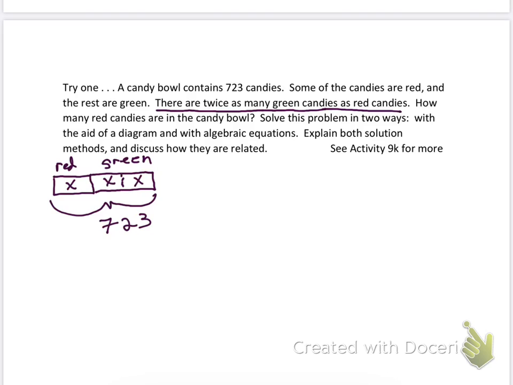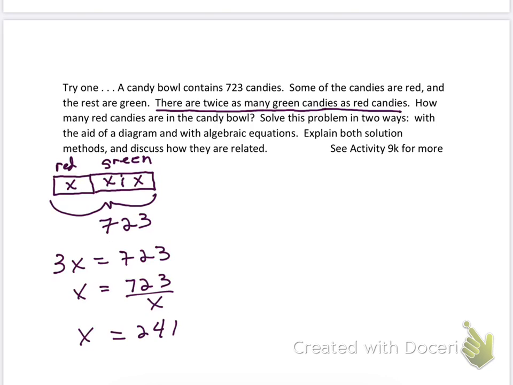So since I have 3 X's, I'm going to say 3X equals 723 from my strip diagram that has algebra in it. Okay, and then I'm going to say X equals 723 divided by 3. So X equals 241.